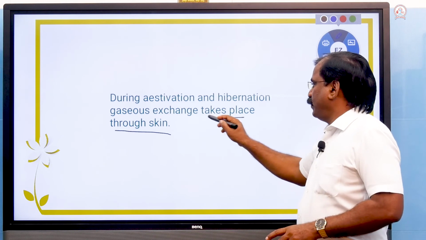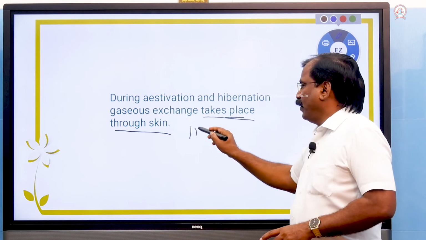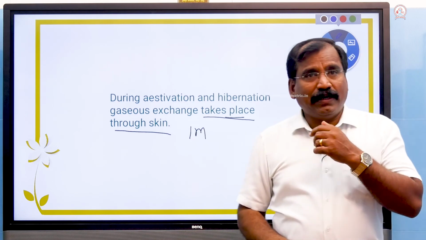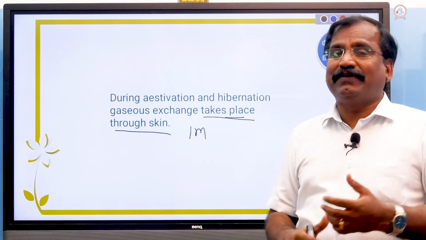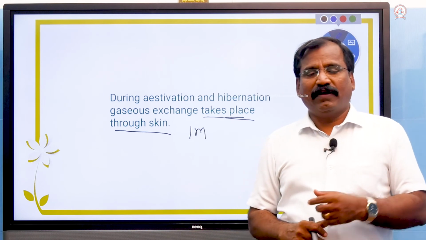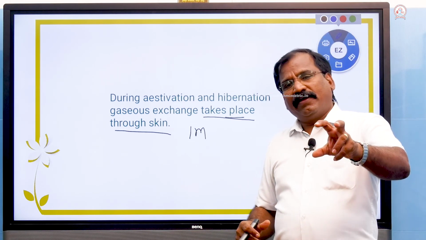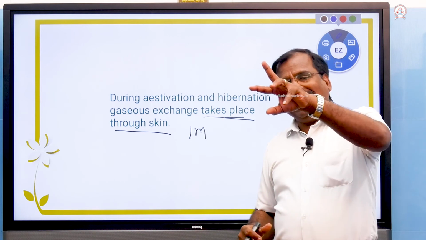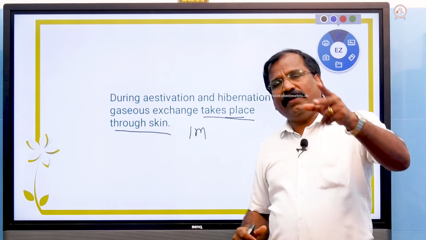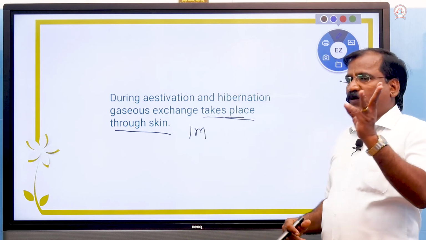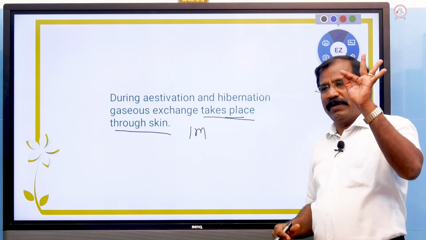Only through the skin during hibernation and estivation. பார்த்தோம், வாட்டரில் இருக்கப்ப only skin, cutaneous. Landல இருக்கப்ப buccal cavity, skin and lungs. Pulmonary, cutaneous, buccal. Okay, that's all.